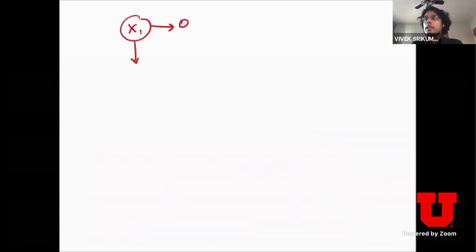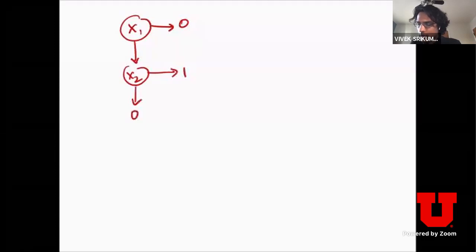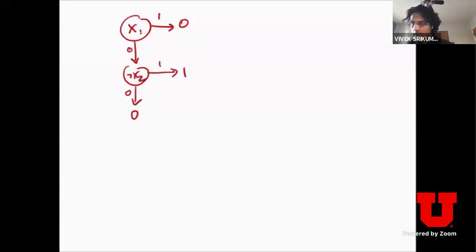Then you check for, say, X2. If that is true, then the output's a 1. Otherwise, let's say the output's a 0. So this is a decision list, and let's say this is 1, 0, something like that. It doesn't have to be just a variable here. It could be not X2, for instance.